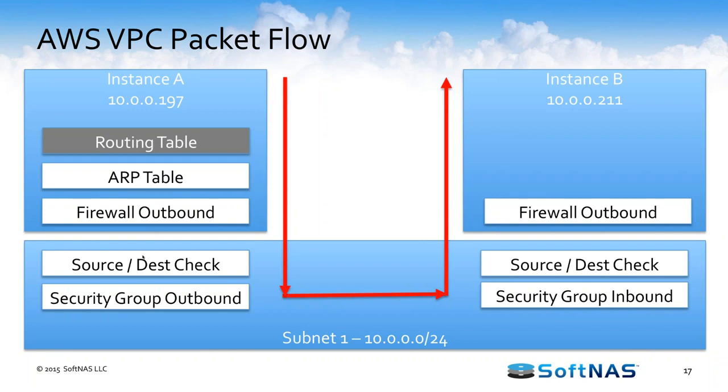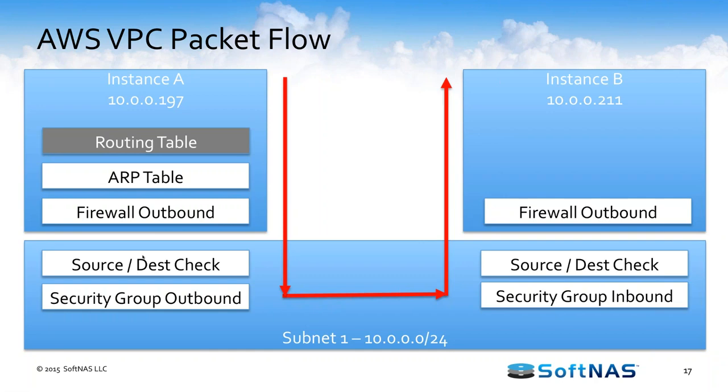Then it hits the outbound security group, which by default, the outbound security group is wide open. Okay, all traffic is allowed out. It then goes over to the other instance and checks the inbound security group, a second source and destination check, and then it hits the firewall before the packet actually flows into instance B.